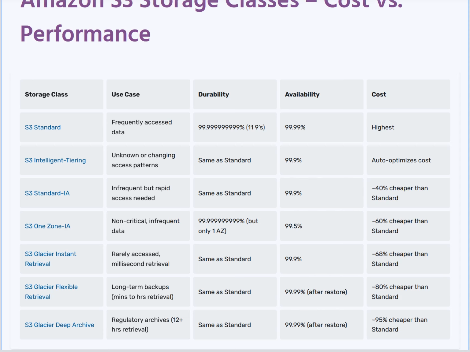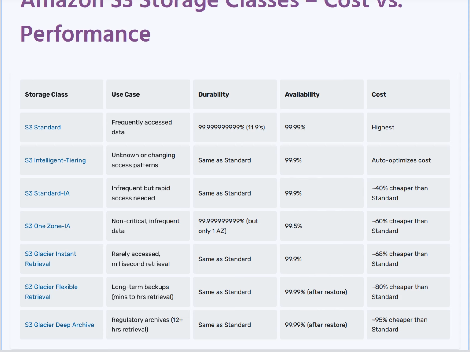They might be telling you to select based on durability, availability, or cost, whichever factors you need to consider in the question, and then you select the storage class accordingly. So let's have a look at Amazon S3 storage classes, cost versus performance.